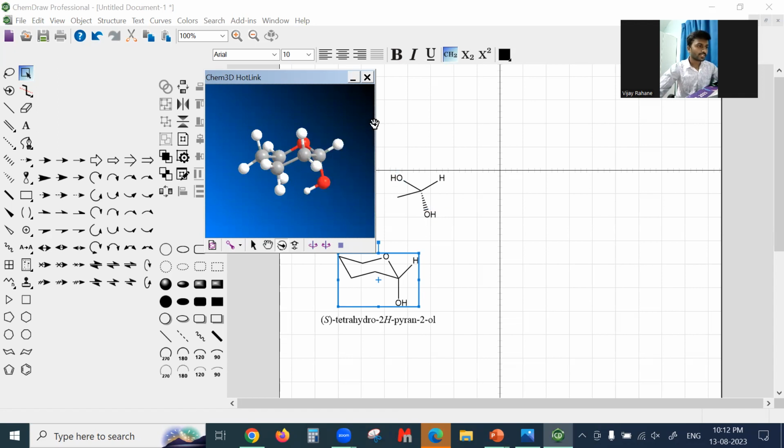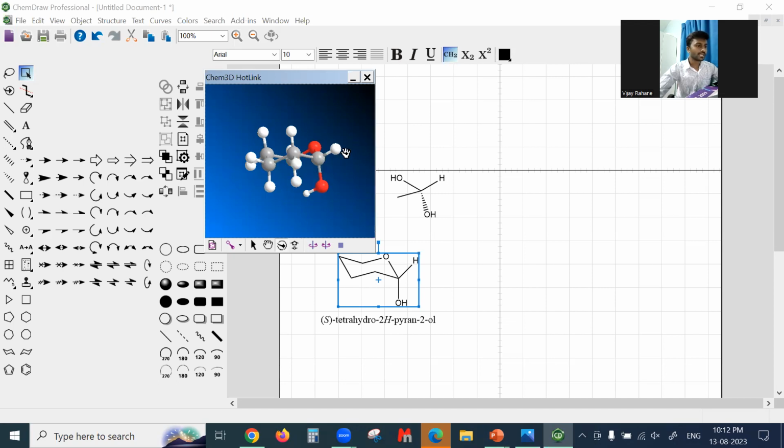And here, if you look at this, this red one is the hydroxy group, and the backside one is the O attached to the ring. And this one is the hydrogen and this one is the CH2, that part of the chain.